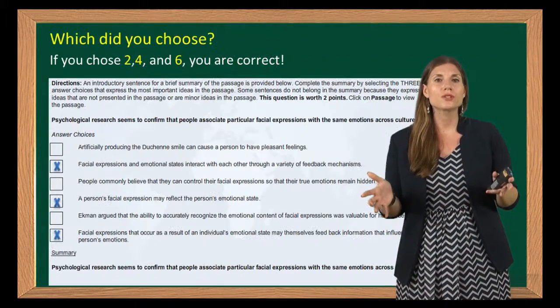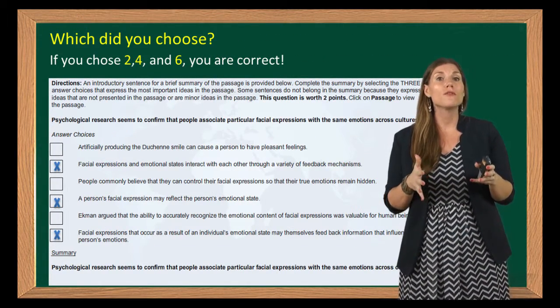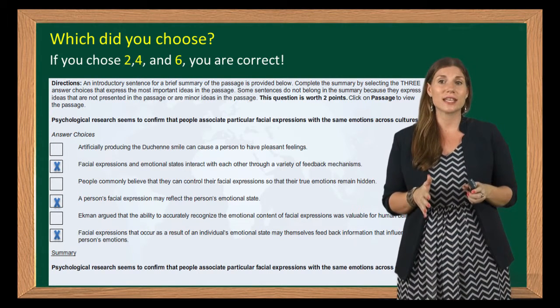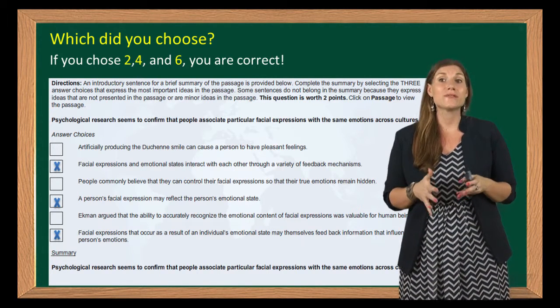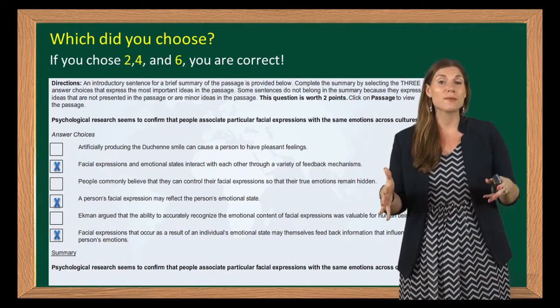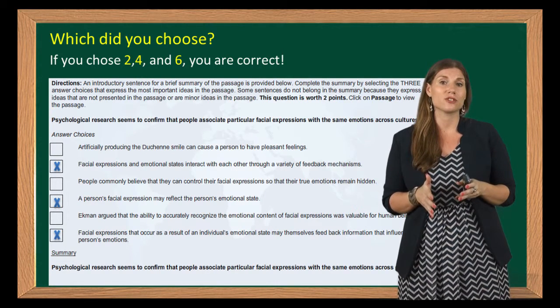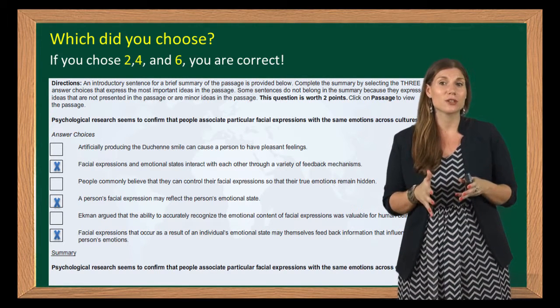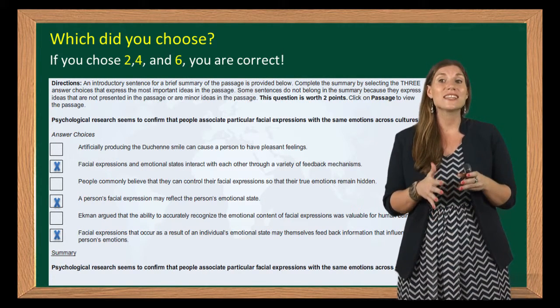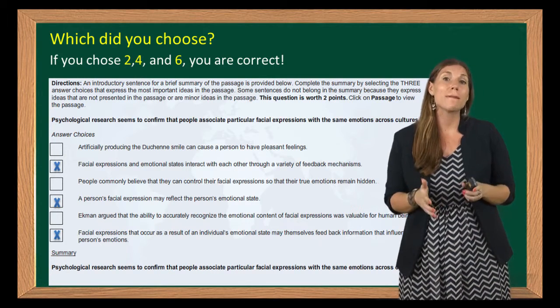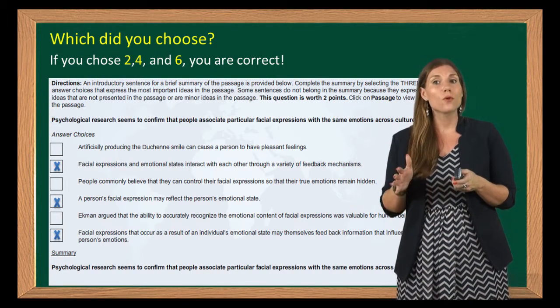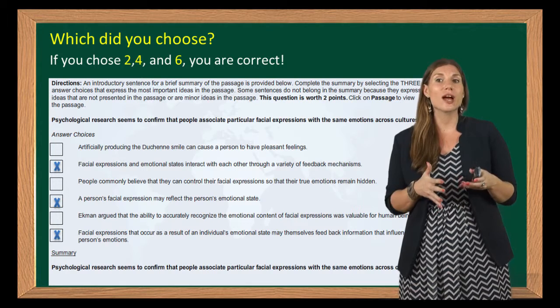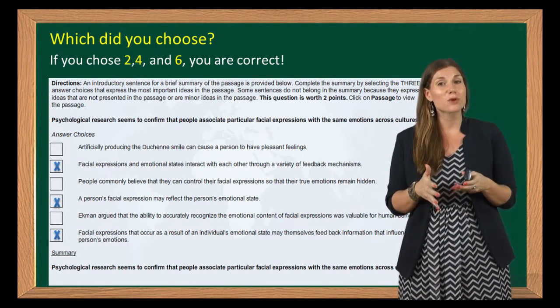So what did you choose? Hopefully you found 2, 4, and 6 to be the correct answers. Choice 2 is definitely correct because it is a general statement that is developed through the passage. Questions about the nature of this interaction and details of research on this issue are discussed in every paragraph, so it is clearly a main idea. Choice 4, like choice 2, is a major idea that the passage explores in detail.